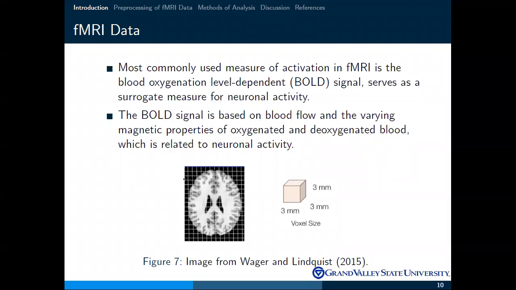And the idea being we're wanting to measure neurons firing or neuronal activity. The idea is that when neurons fire, they need oxygenated blood flowed to them. And then after they're done firing, the deoxygenated blood flows away. So this is a surrogate measure, we would say, for neurons firing, whereas EEG is measuring directly what we're actually interested in. So this is another difference between EEG and fMRI data.